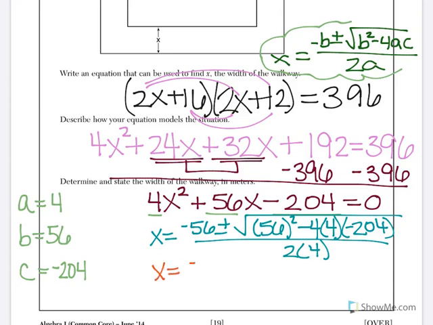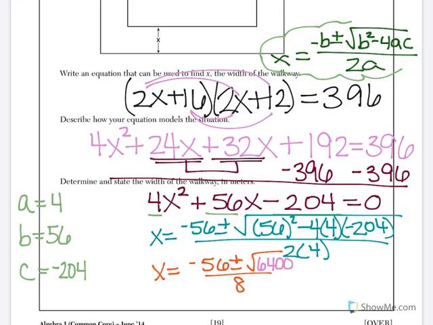Then I'm going to write everything down except for the number that's inside of the radical. When I type into my calculator 56 squared minus 4 times 4 times negative 204, I will get 6,400 inside the radical. Luckily, that is a perfect square because when we type it into our calculator, we get the number 80.